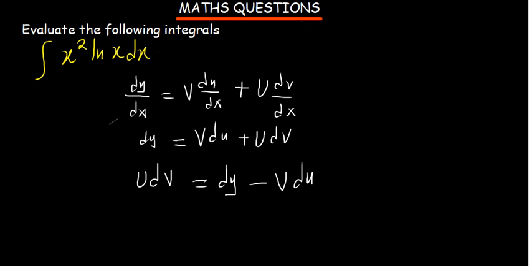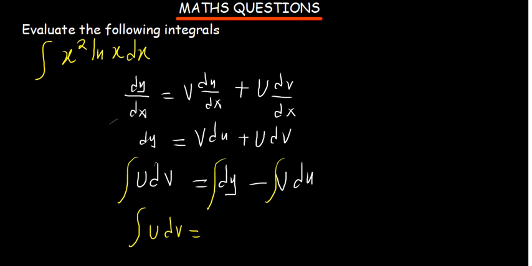Now from here, what we do is we integrate everything. So we introduce the integral symbol here, here, and also here. We are going to have the integral of u dv equal to, what's the integral of dy?